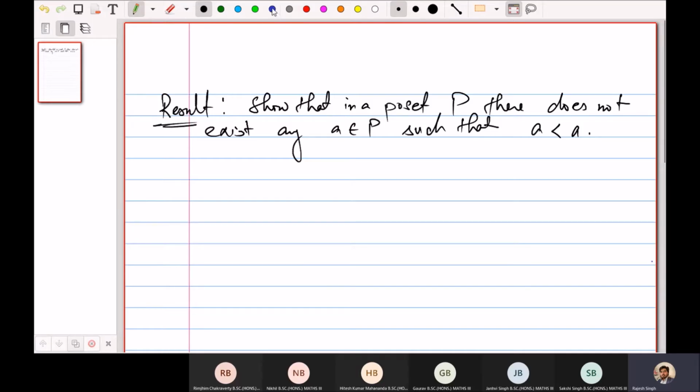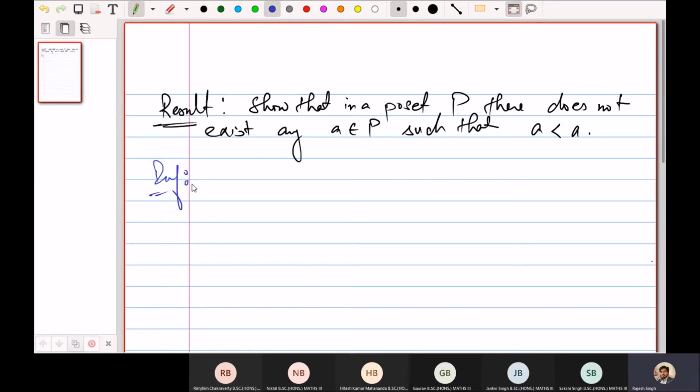So how will you prove this fact? It is a simple, obvious fact, right? कि कोई भी ऐसा एलिमेंट एग्जिस्ट कर नहीं सकता जो खुद से ही स्ट्रिक्टली छोटा हो. If I ask you to prove that there does not exist any real number A such that A is smaller than itself, how will you prove this?